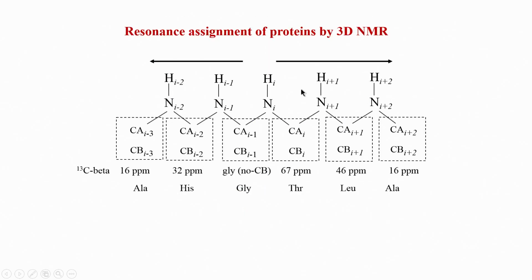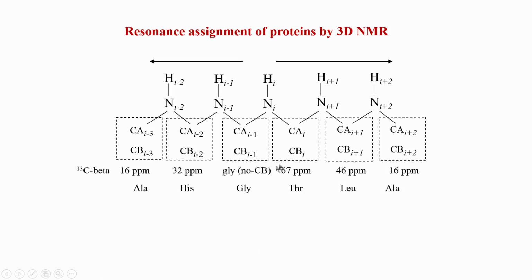So, once I have that information, I can probably predict, suppose the C beta of this case was 16 ppm, I can say that could be alanine, because that is what I saw from the previous chart. If it is 32 ppm, probably it is histidine based on the database. Similarly, here it may happen that this C beta is 0, meaning there is no chemical shift of C beta for this amino acid, which means that it is a glycine, because glycine does not have C beta, glycine is only up to C alpha.